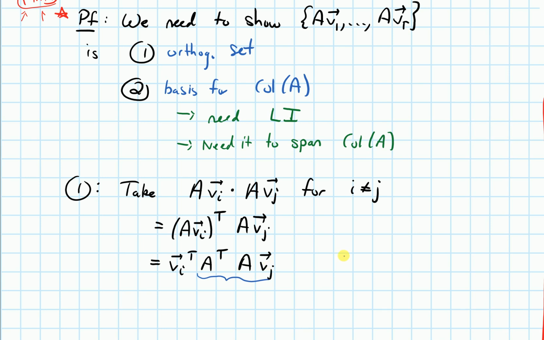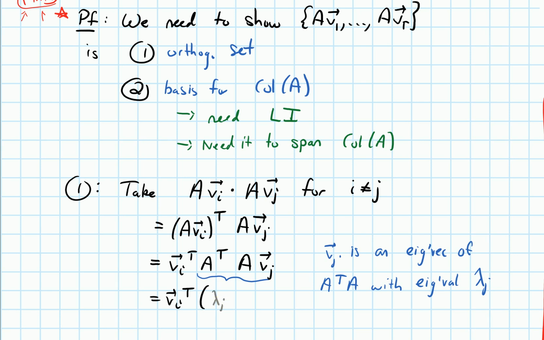Because remember, VJ is an eigenvector not of A, but of A transpose A. So this is an eigenvector of A transpose A with eigenvalue lambda j. So using that fact, we have VI transpose at the front, and then this will be multiplied by lambda j times that eigenvector Vj.